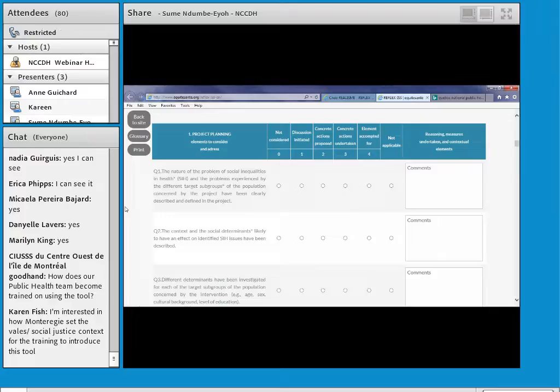Exactly. When we did the pre-test of the tool, we chose a project, les centres d'abandon tabagisme. I don't know how to say it in English. So it's Centers for Helping People Stop Smoking. And there were 5 people around the table, and it was all the main public health actors that act on this activity.